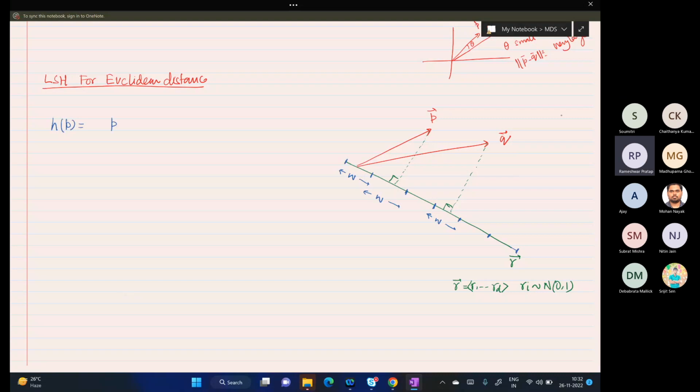Basically we take the dot product of p with r, this random vector, and we add a random number b, divide it by this w and take the floor of it. And w is the width of this quantization.